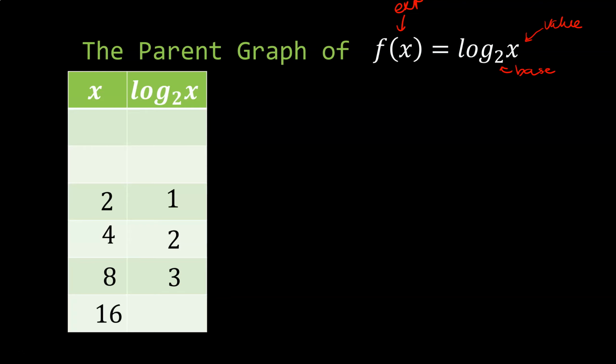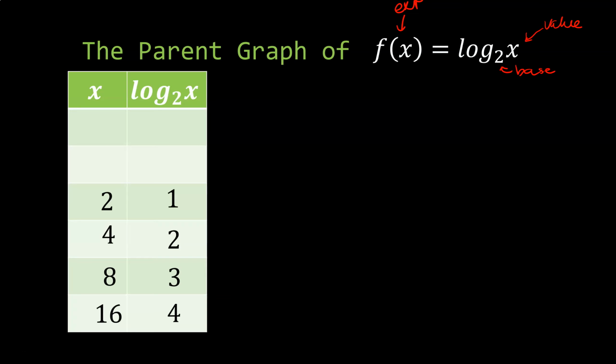And if we were to go one more, that would be 16. 16, 4, because 2 to the fourth power is 16. So you can see that when the x value is moving to the right, the y value is moving up, right? The exponents are moving up.